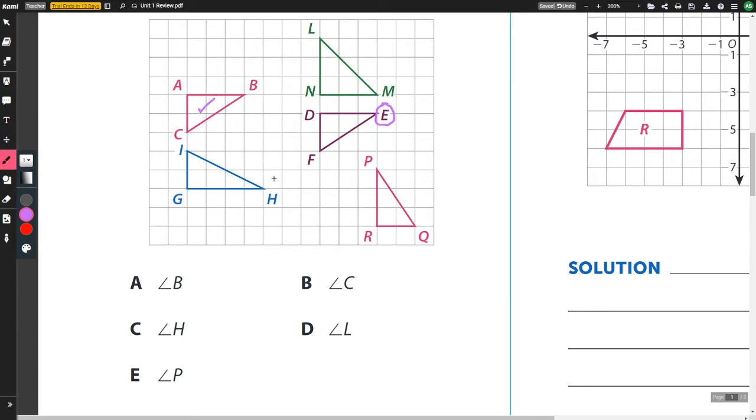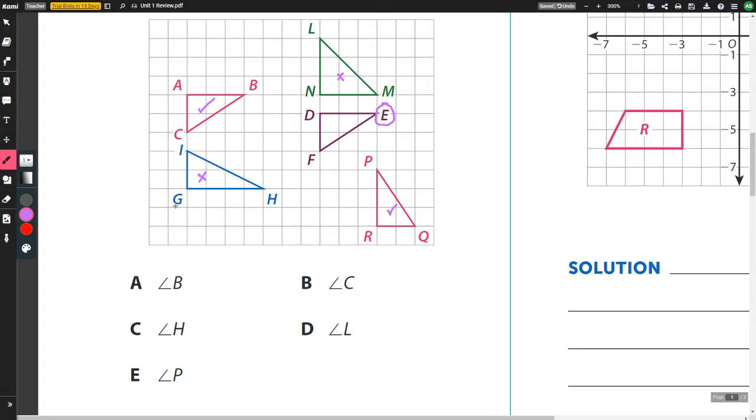GHI, we have 2 and 4, so this would not be a possibility. M and L, we have 3 and 3, so this one is not a possibility. And we have PQR, which is 3 and 2, so this is a possibility.